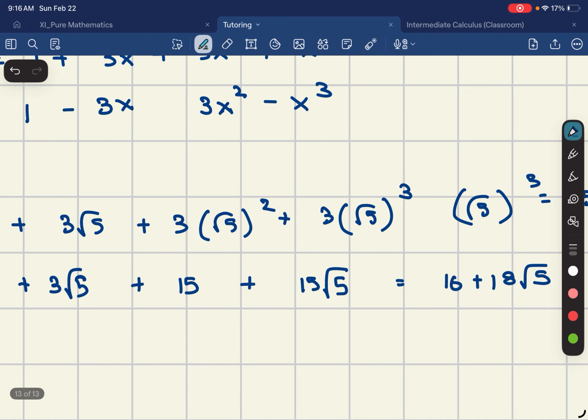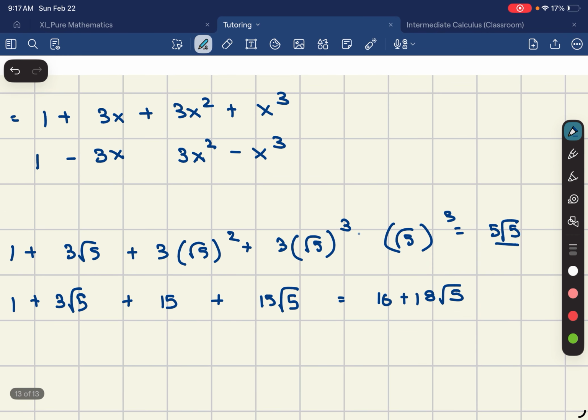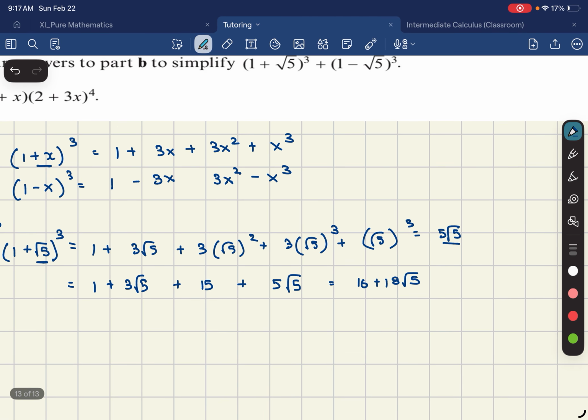Oh, sorry. I made a mistake here because this is just 5, right? Root 5 cubed is just root 5 times 5. Okay, there's no 3 here.